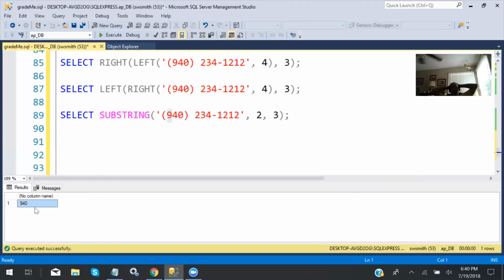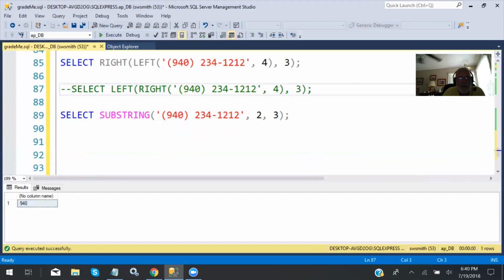You can use whichever one you want. Sometimes one of them is better than the other. Sometimes substring and sometimes a concatenation of a right and left also works fairly well.